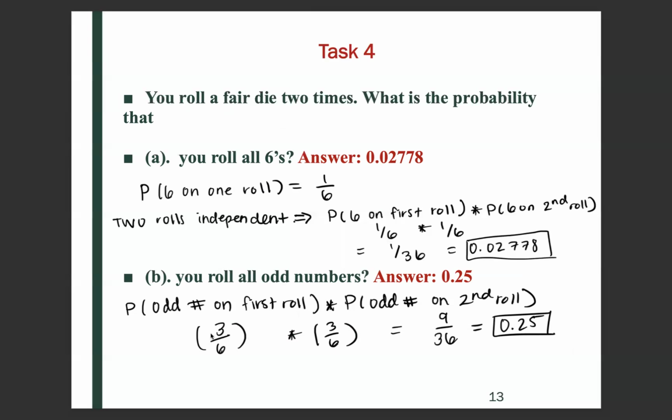So there are 3 odd numbers out of a total of 6 faces. So 3 out of 6 is the probability of getting an odd number on the first roll, and it's also 3 out of 6 on the second roll. Because of independence, we multiply these together. So we get 9 divided by 36, or 0.25.